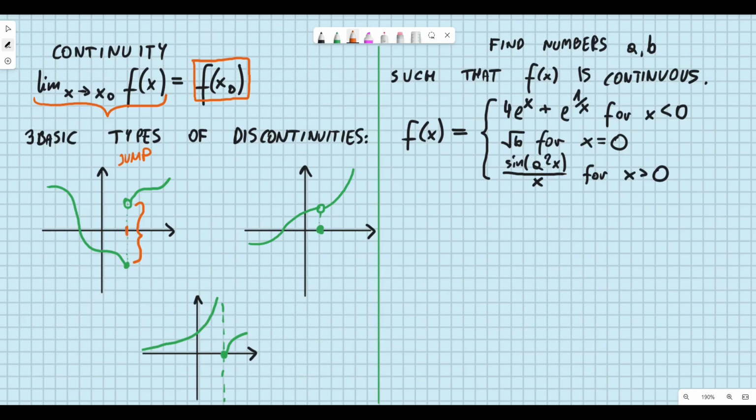See that if it's our x0, of course the green curve is the graph of some function that we would like to be continuous. At this point we actually have a value of our function, it's included here since it's the marked dot.